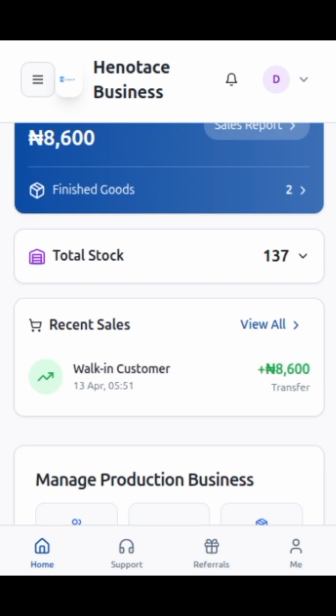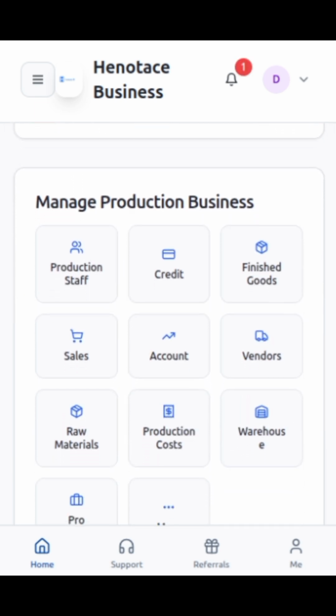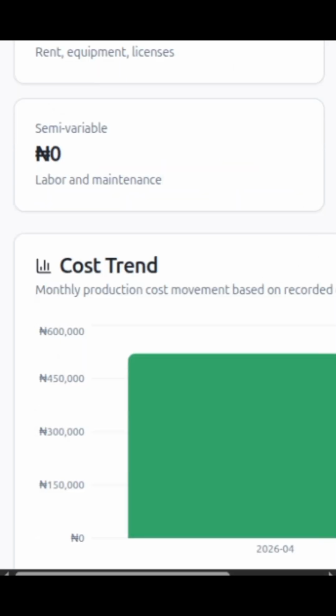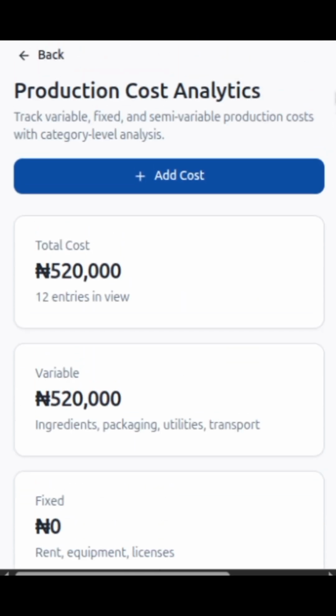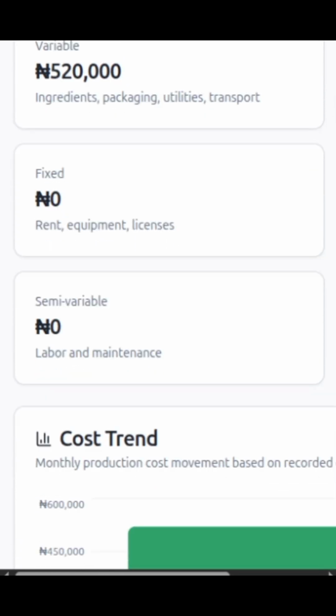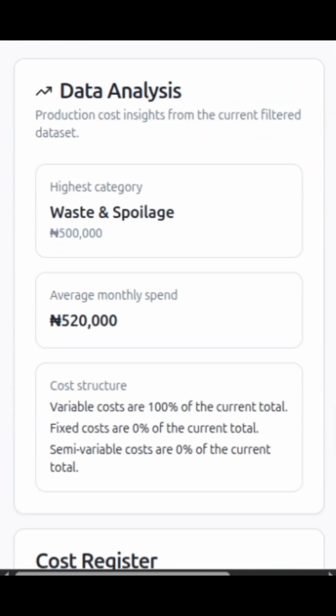Now, if you scroll down also, we can see we have vendors, we have account. We see we have warehouse, we have production cost. Production cost talks about the cost that was accrued for production. So all of the things that we spent to produce, that's what we call production cost.